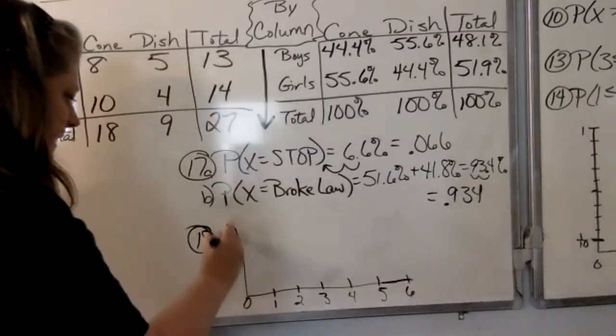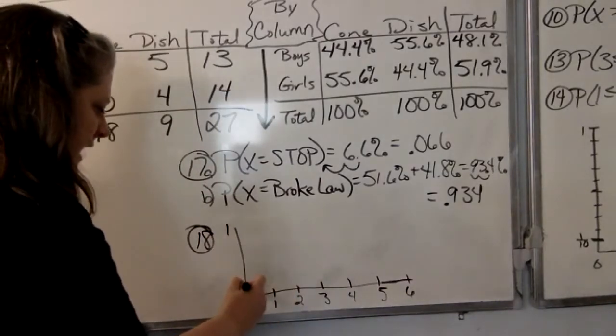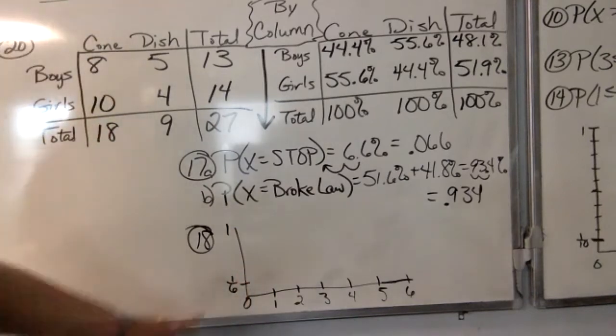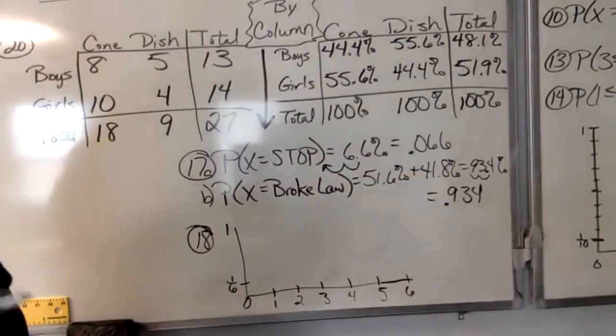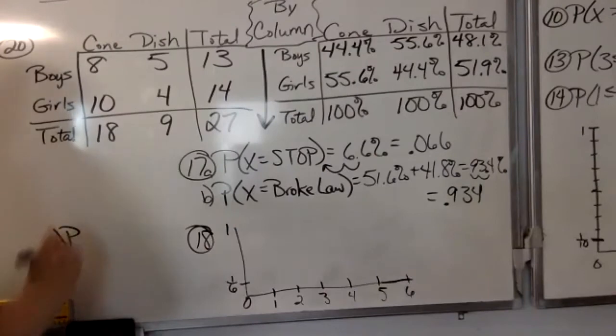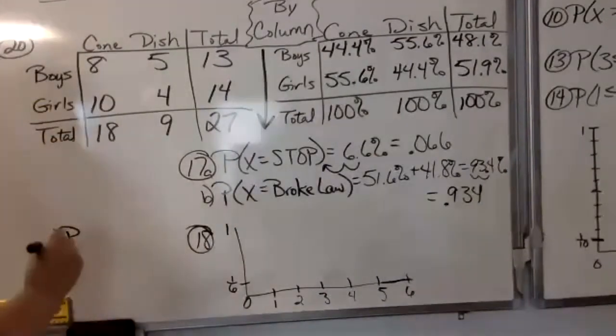And then going up the side, if they all have an equal chance, the equal chance would be 1 out of 6. So my little line over here is going to be 1/6 for this one.